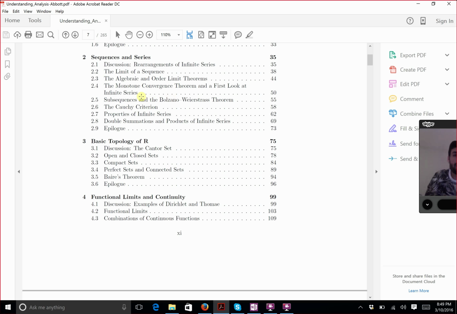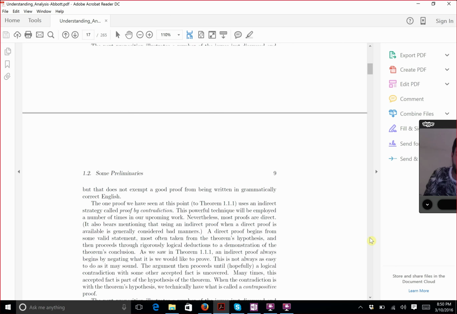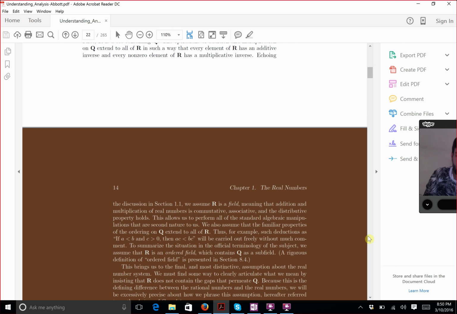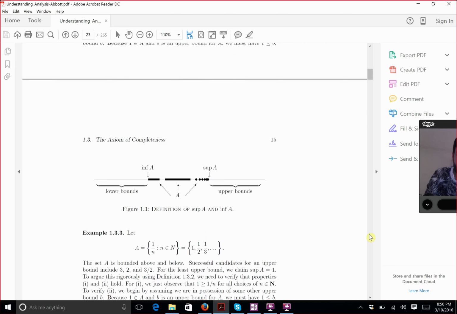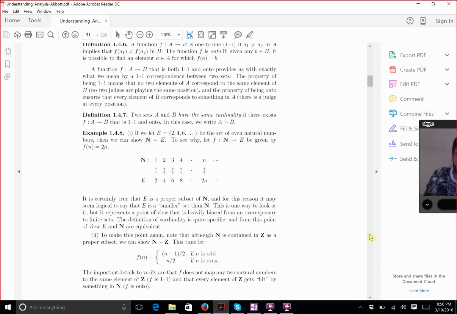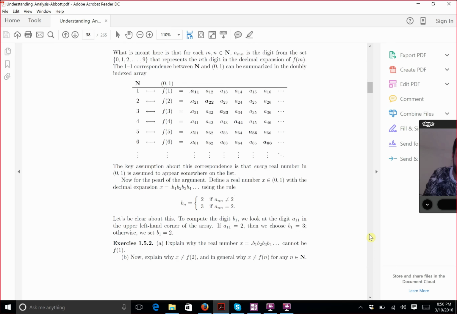Here's what it says: if you have a sequence that is monotone, and we have to define what monotone means. So let's find this part here.